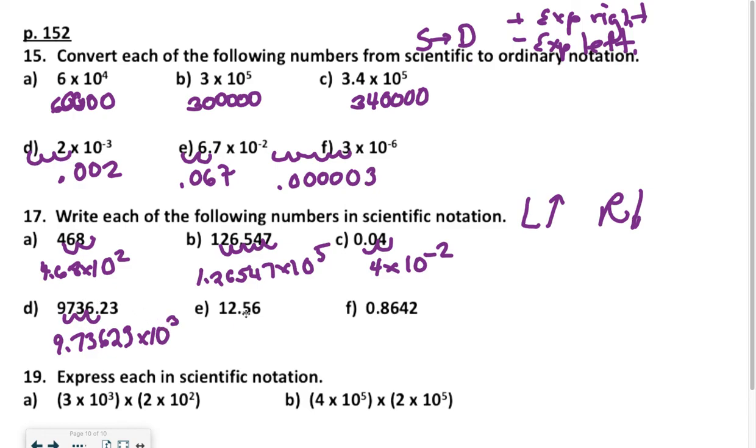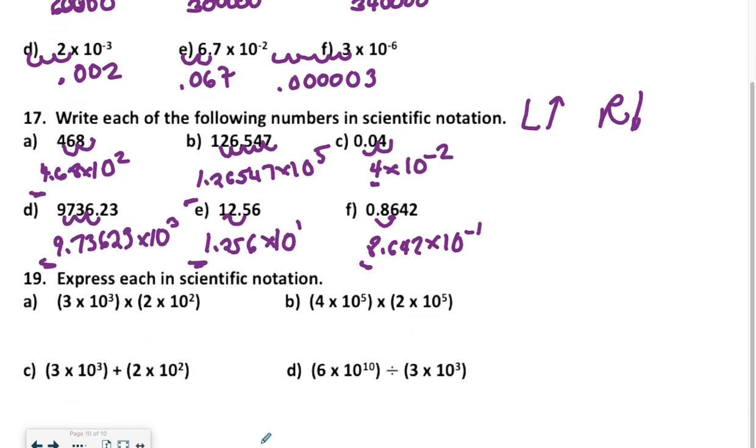Left increases. Left increases. Right decreases. Every time I am in scientific, the number in front of my decimal is 1 through 9.